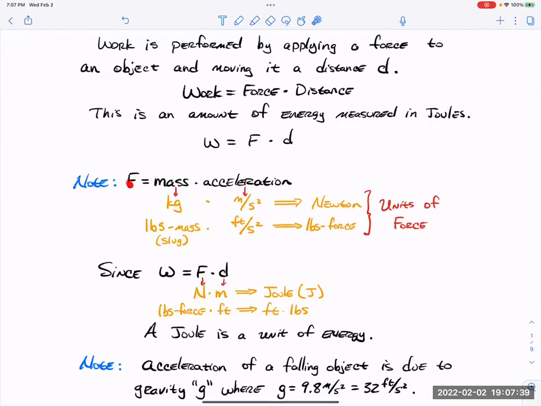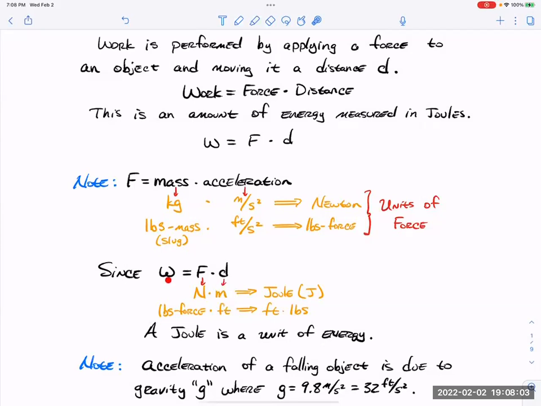Now we've defined force as either a Newton or pounds force. Now remember, what was work? Work was force times distance. So in the metric system, our unit of force here is called a Newton. And our unit of distance is called a meter.